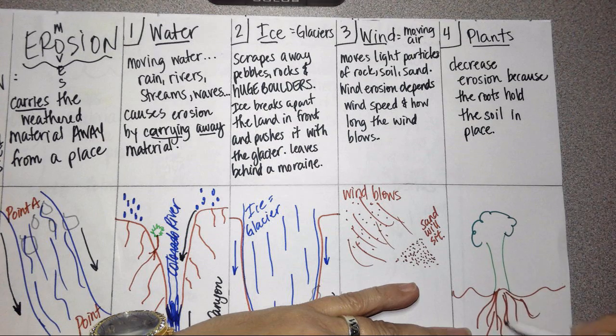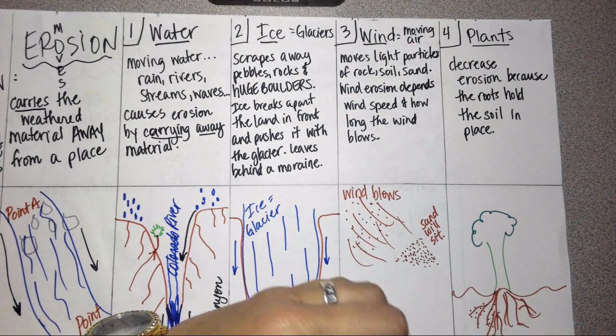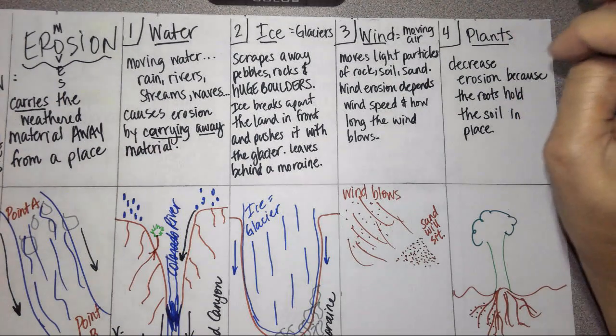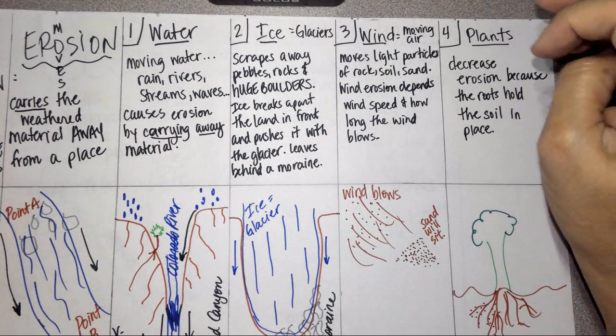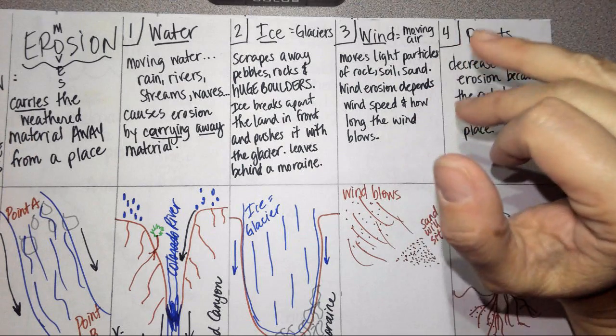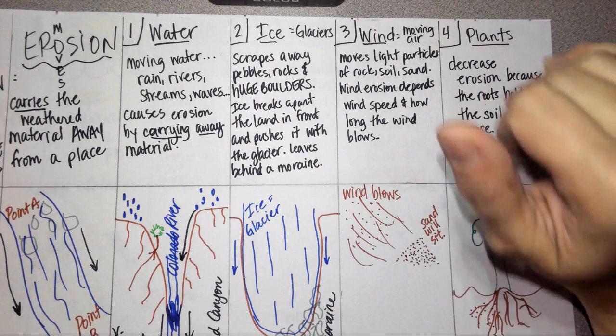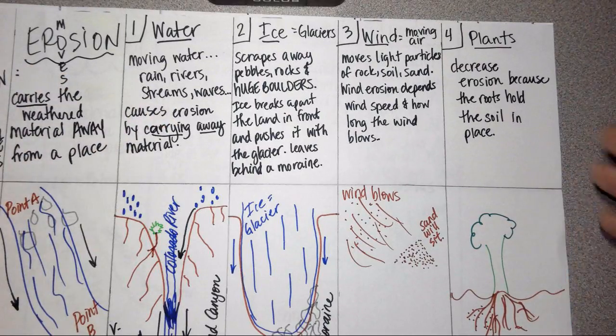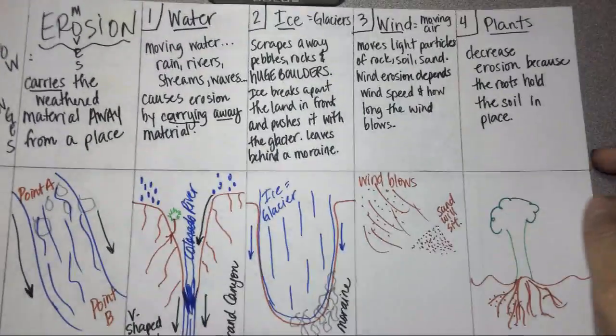This soil gets attached to these roots, right? So what happens? The wind blows, the water comes, the ice gets in the way. These roots will hold that soil in there together. Okay, does that make sense?